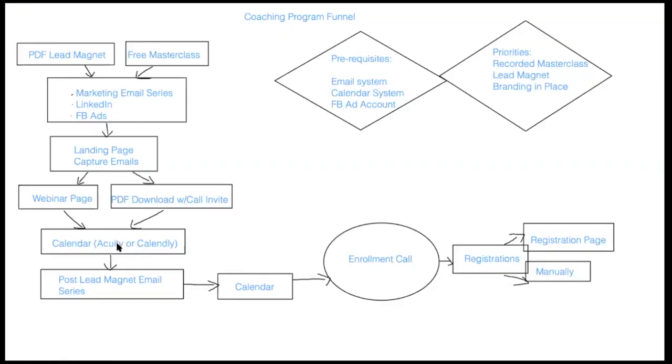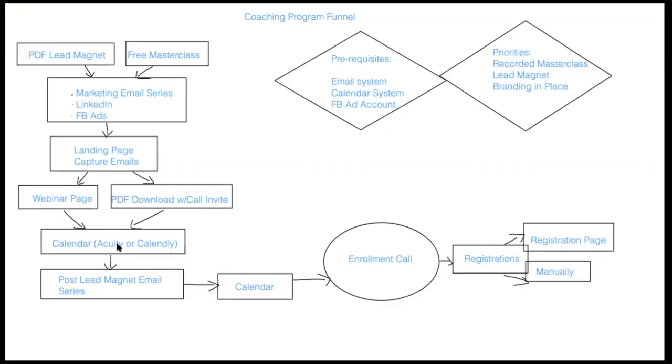All right, so ultimately the goal of either and or and those is to get them on your calendar. We eventually do want to get them on a call with you. And that call is where you really connect with them personally. This is where you have your sales conversation. We can shape that up a lot of different ways.